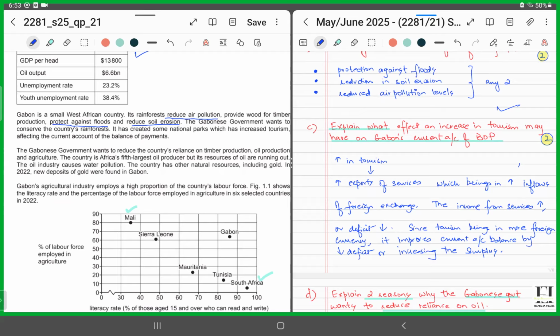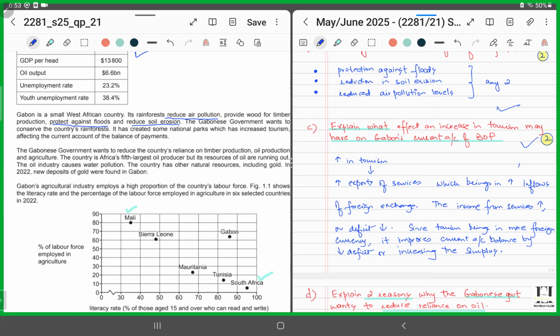So not only there would be an increase in income from services, there would also be an increase in the country's surplus or a reduction in its balance of payment deficit caused by an increase in tourism. All right. So you give a reason and will give an explanation and you'll get 2 marks.